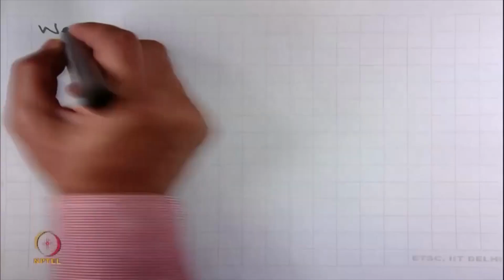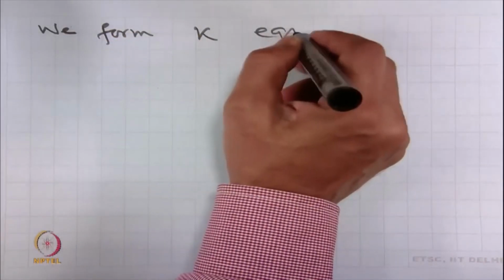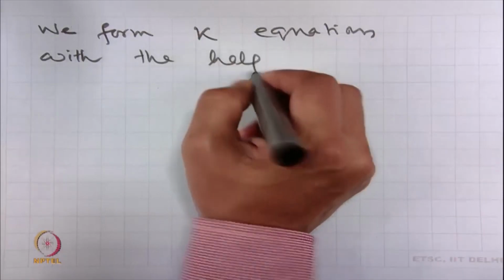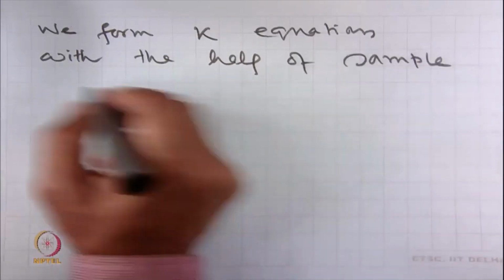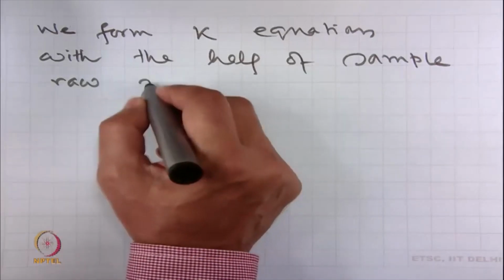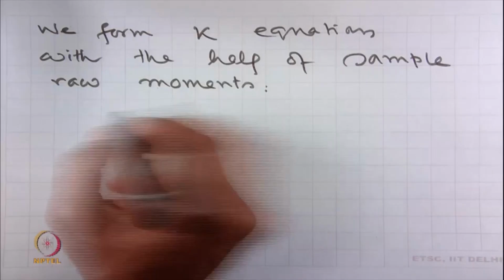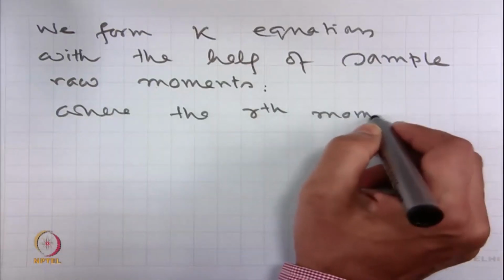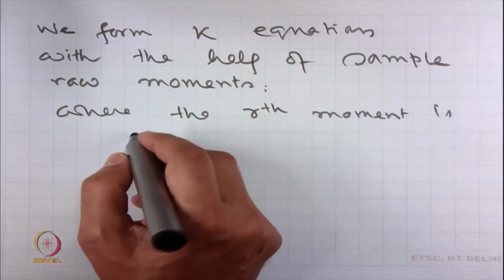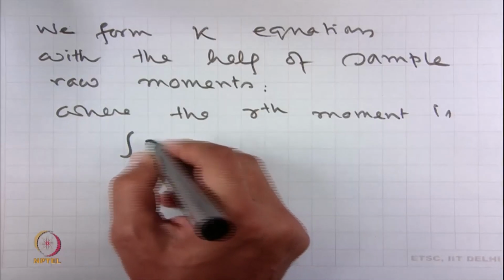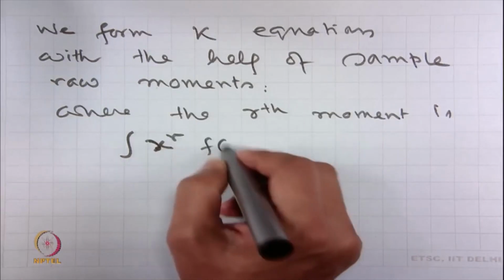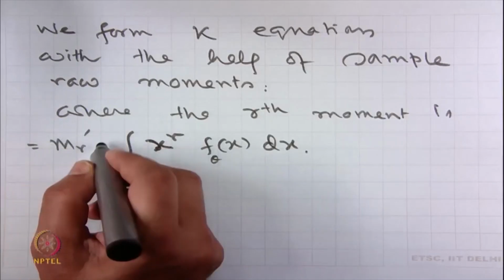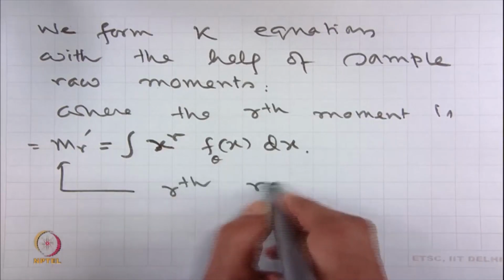we form k equations with the help of sample raw moments, where the rth raw moment is the sum or integral of x to the power r f(x) dx.